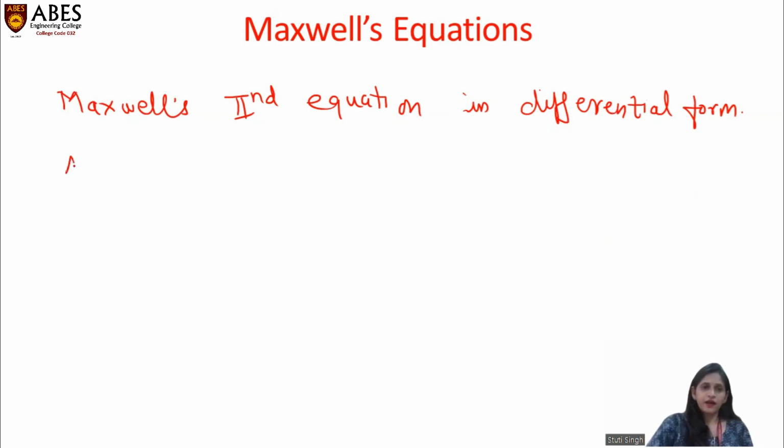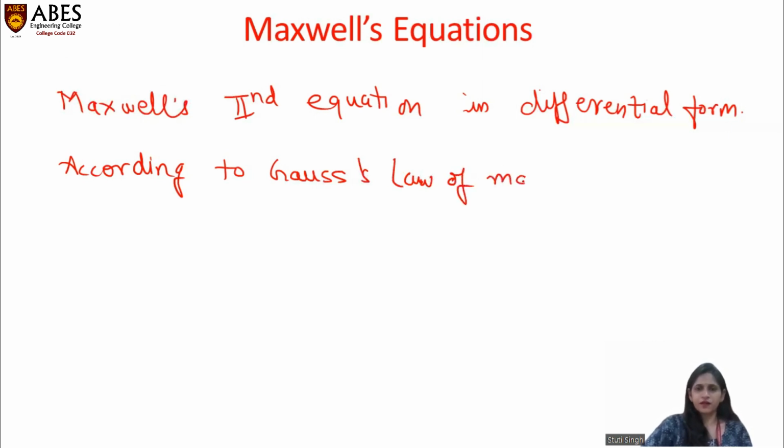So according to Gauss's law of magnetostatics, we can say that the net outgoing flux phi B is equal to 0. Equation number 1.